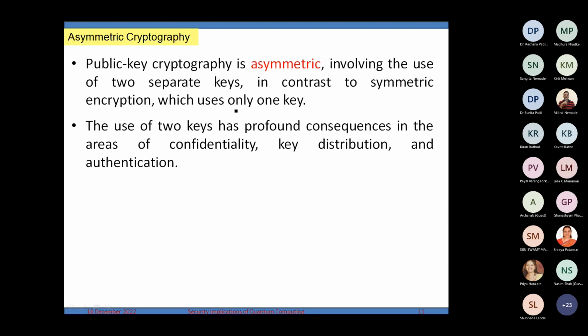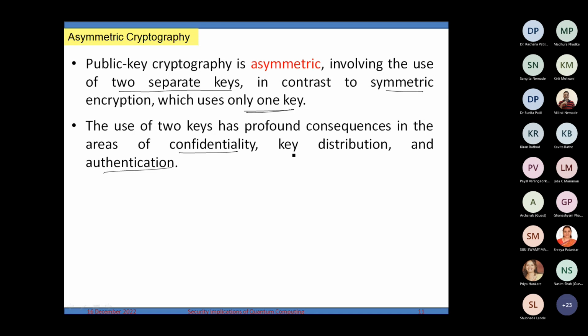Asymmetric is also called public key cryptography. We are using 2 separate keys, in contrast to symmetric encryption schemes, which use only 1 key. By performing encryption with the 2 keys, we are able to achieve security objectives such as confidentiality and authentication.